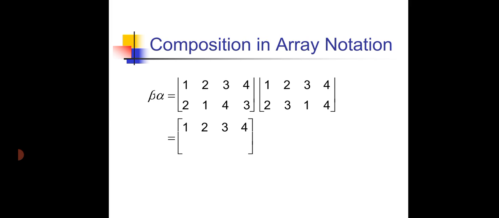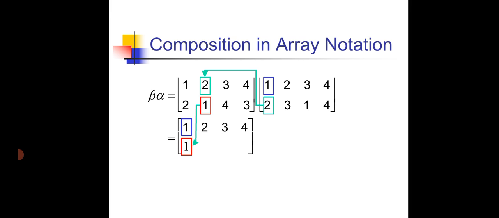From the back, that is from alpha, 1 is mapped to 2. Now move to the front, beta: 2 is mapped to 1. So the answer is 1 for 1.